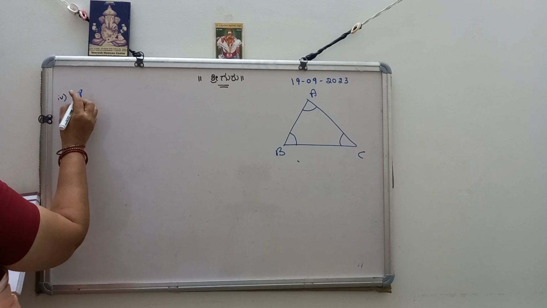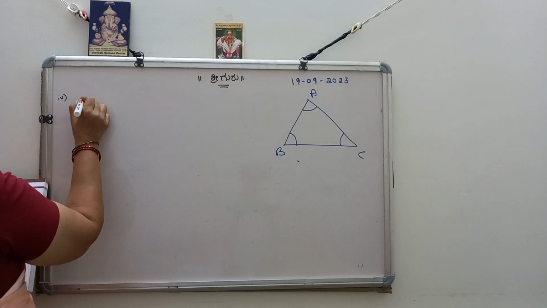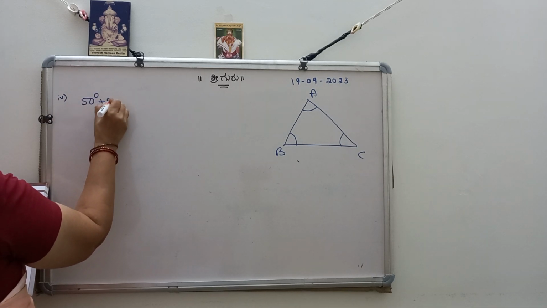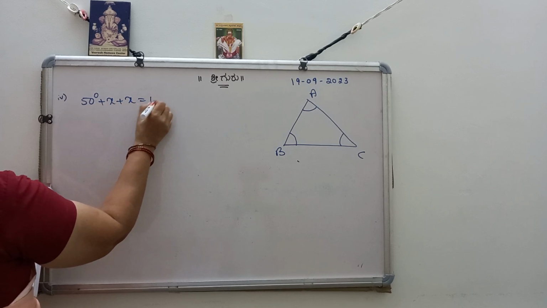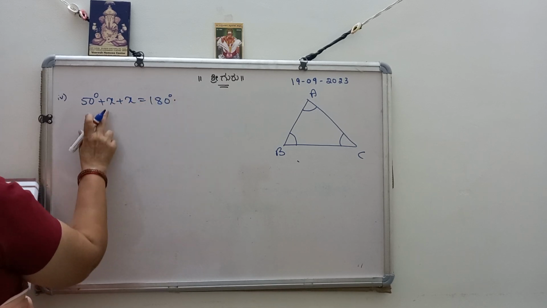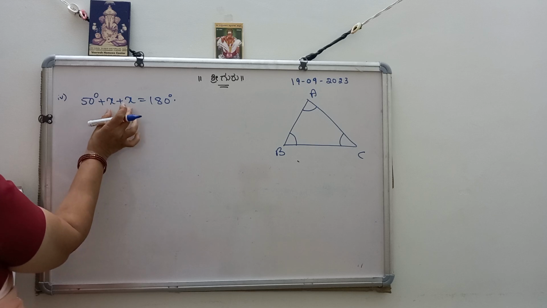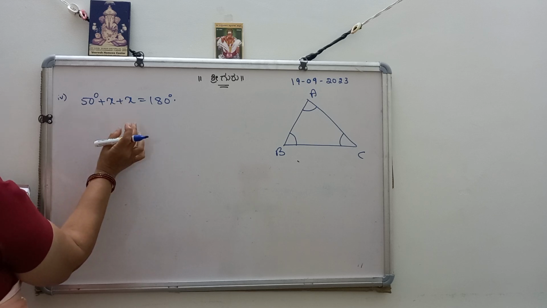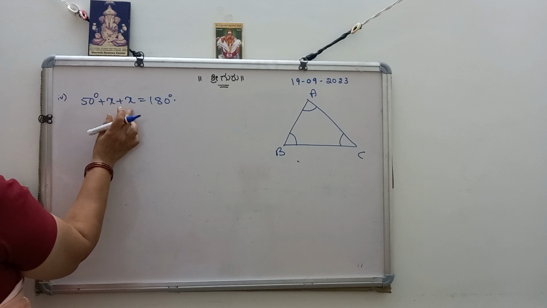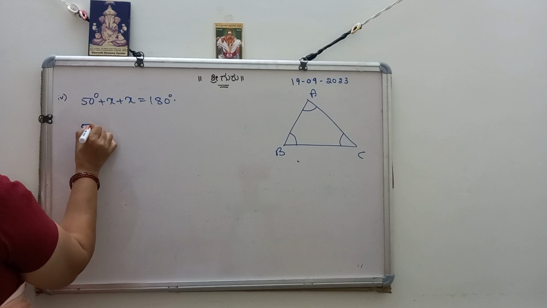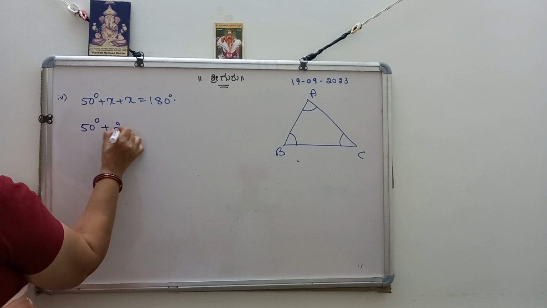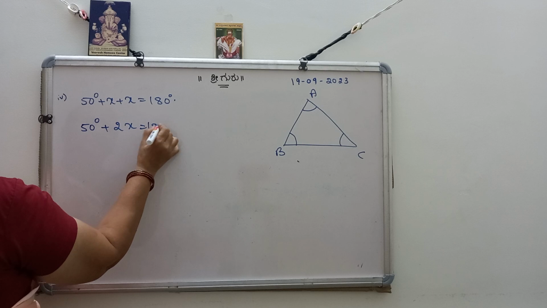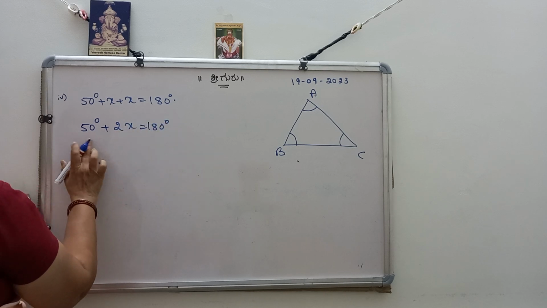Fourth one. x plus x plus 50 degrees is equal to 180 degrees. Here x and x, two algebraic terms, are like terms. So 1x plus 1x will become 2x, plus 50 is equal to 180 degrees.